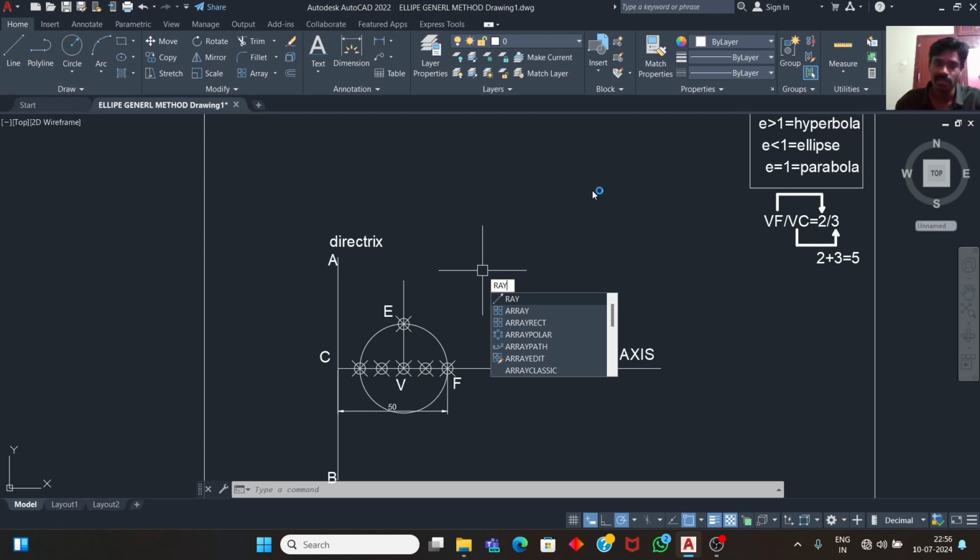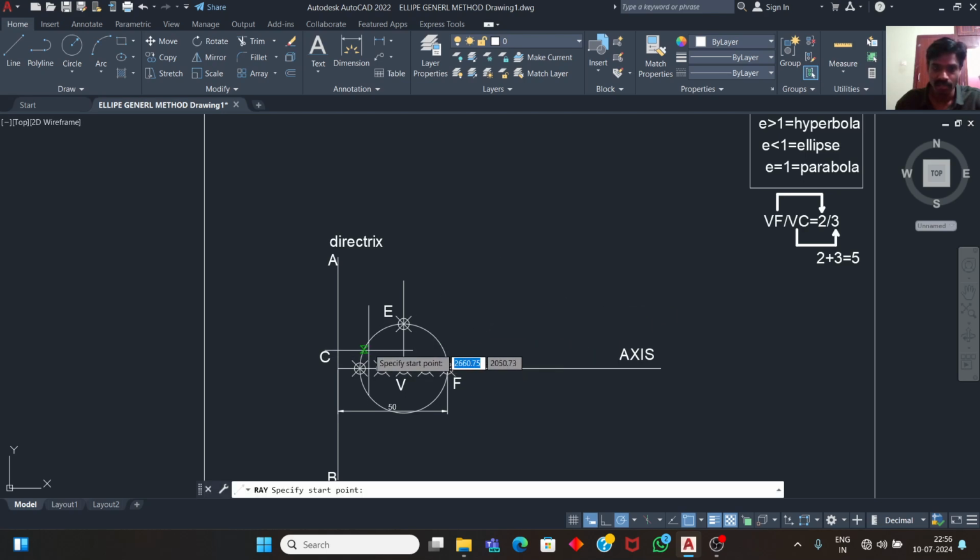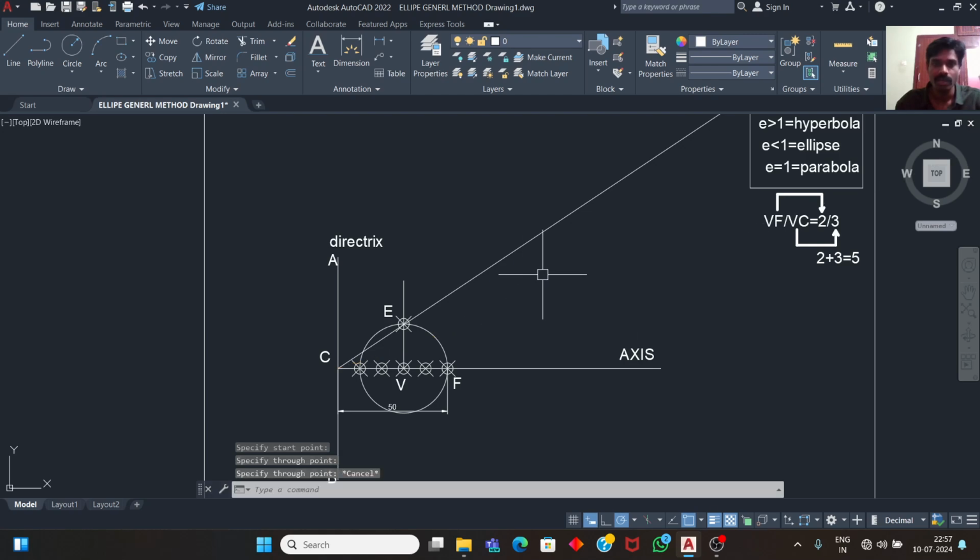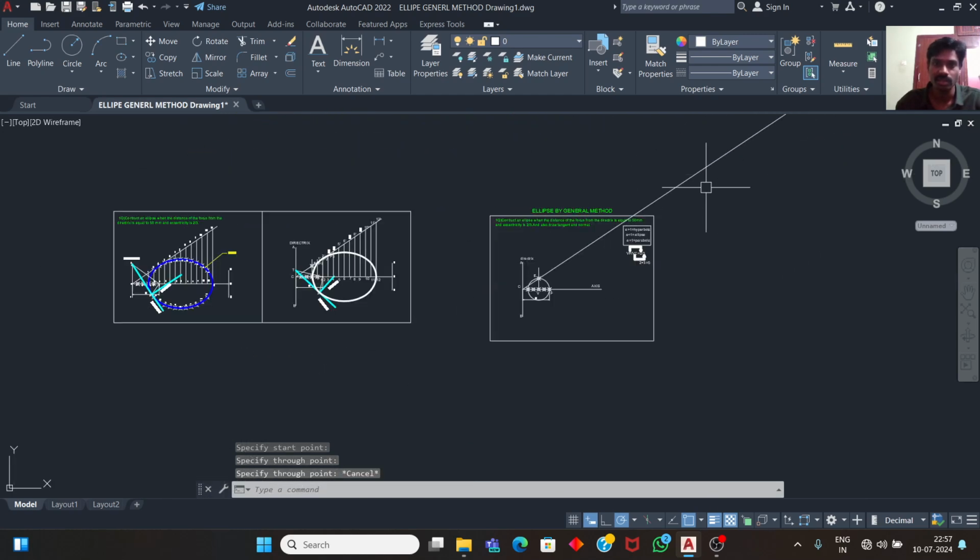The name of the line is eccentricity line. So ray, and we need to select 2 points: the first point C and the second point E. Click on E. We get the undefined line.